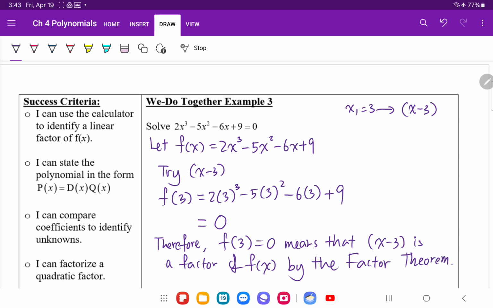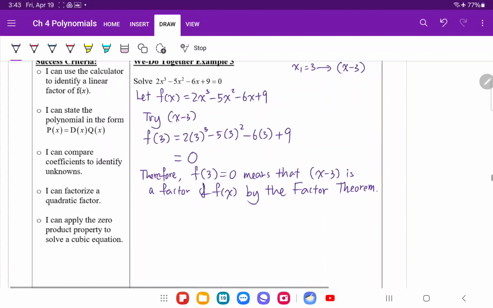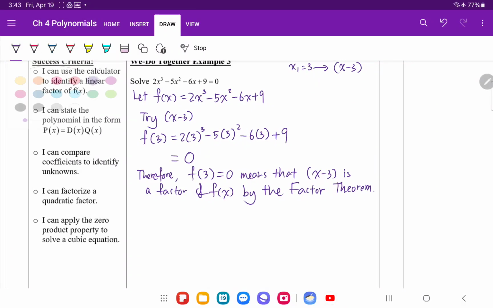Okay, now how do we proceed to find the other factors? Do your long division. Okay, so 2x cubed minus 5x squared minus 6x plus 9. Let's factorize.